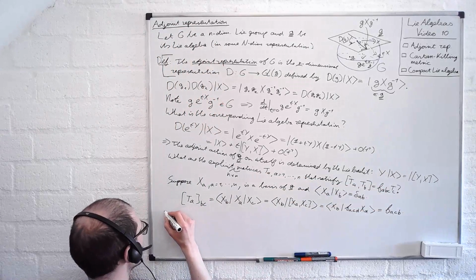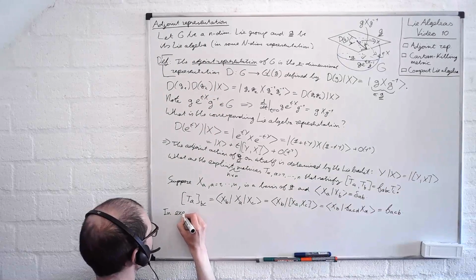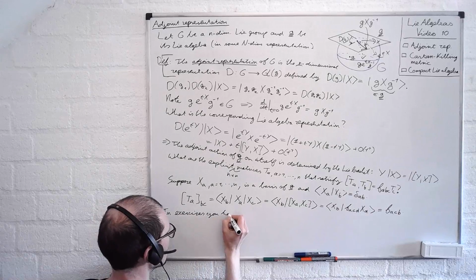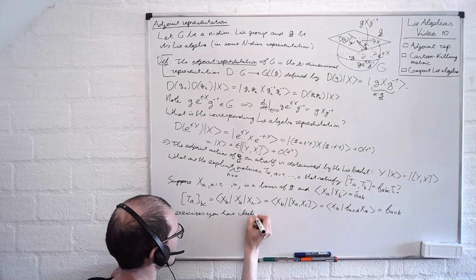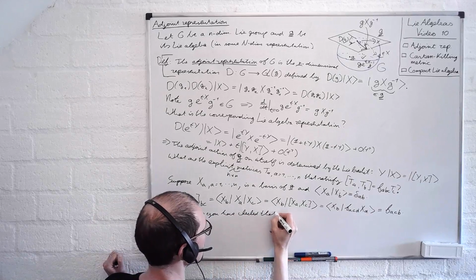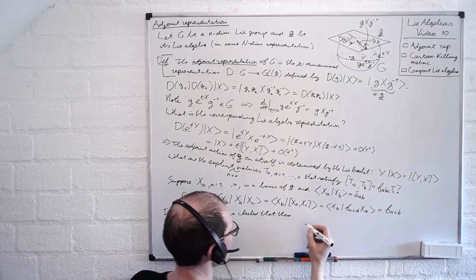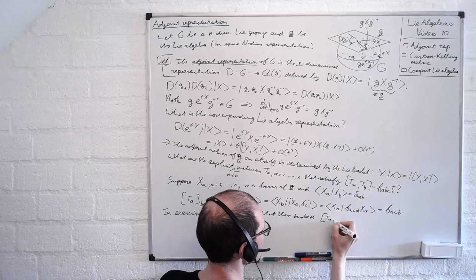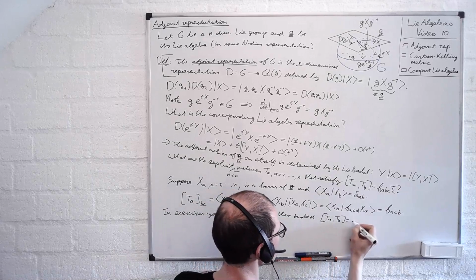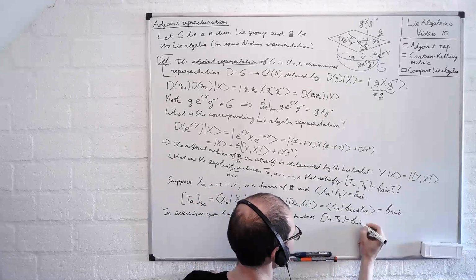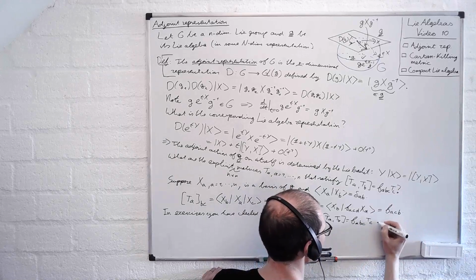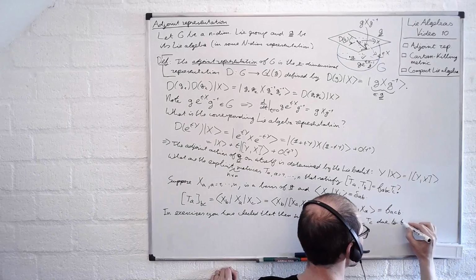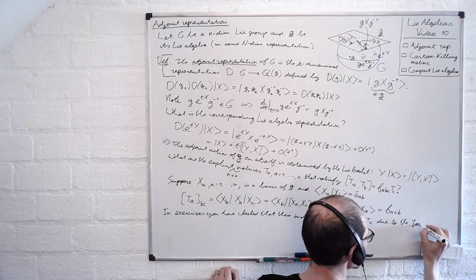So in the exercises, you have checked that indeed T_A T_B is f_ABC T_C, and this was a consequence of the Jacobi identity.